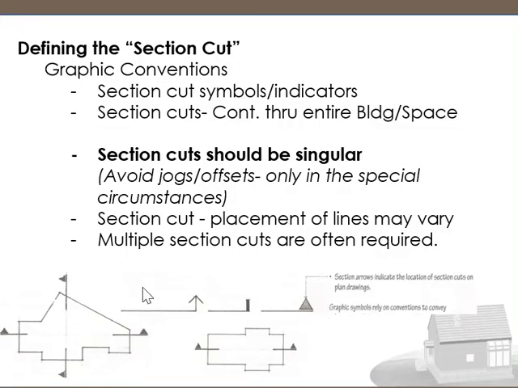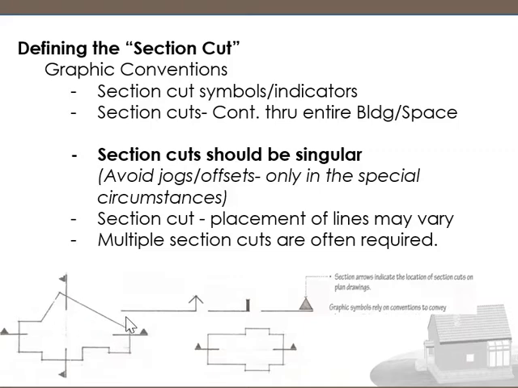So these little indicators tell us how you're going to cut through this section. The section cut indicators, and any little arrow pointing that way, mean that we are looking over at this side. If you put a cut section through this way with the indicators pointing this way, we're looking over here at this side of the structure.